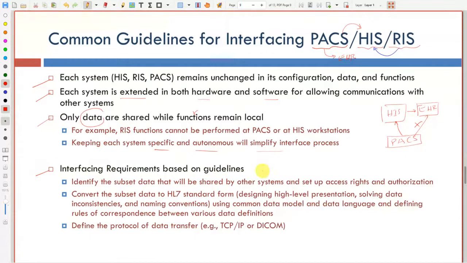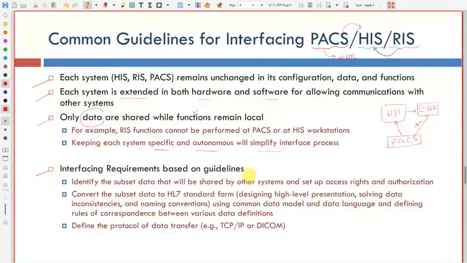If you imagine that you have a hospital information system, for example, you don't have to have the PACS from the same company. You don't have to have the RIS from the same company. You have to have these systems able to communicate with each other.